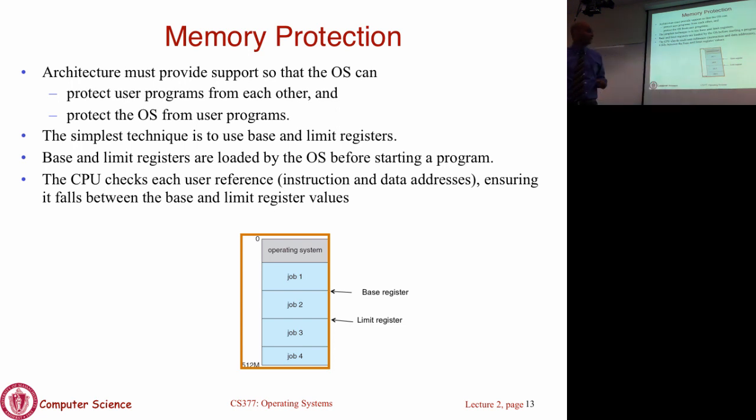First simplification is, we'll assume that this process is contiguously loaded in memory. This is process A, this is process B, this is process C. This is how we'll assume processes are laid out in memory. If they're contiguously laid out, then all you need to do is whenever process 2 here tries to access memory, we'll see does it lie between these two address ranges. If so, you're fine. If not, you deny.